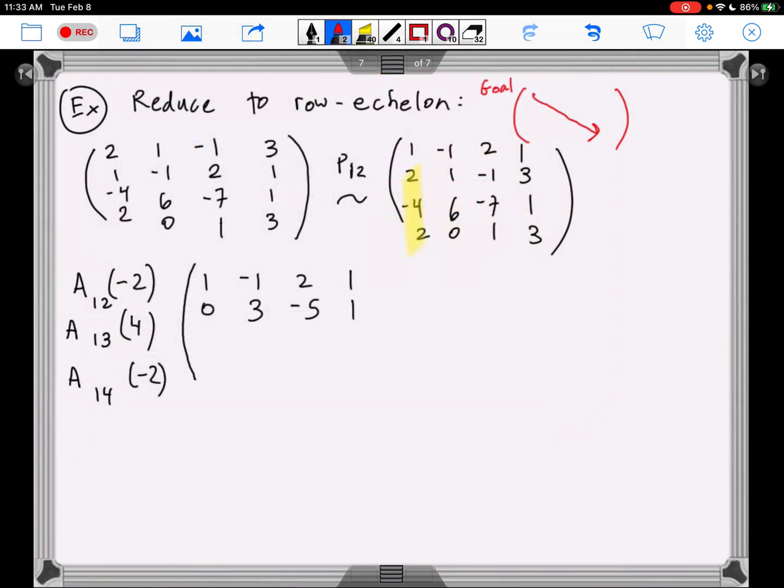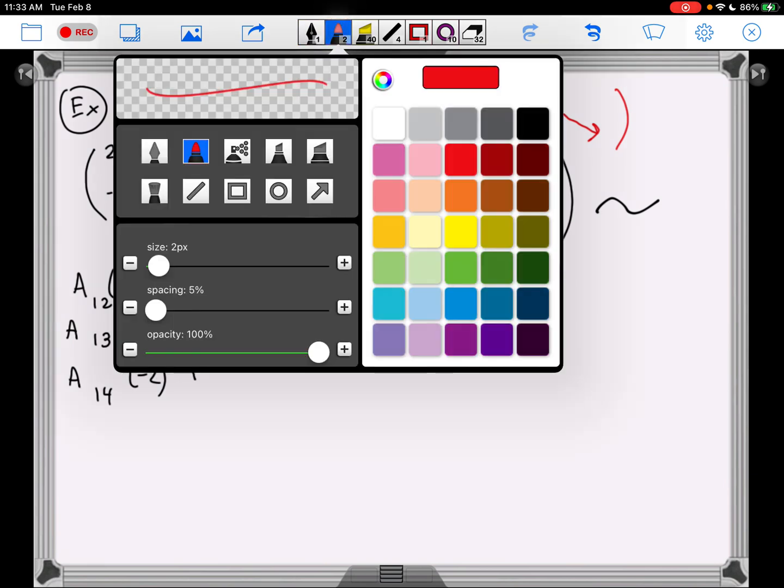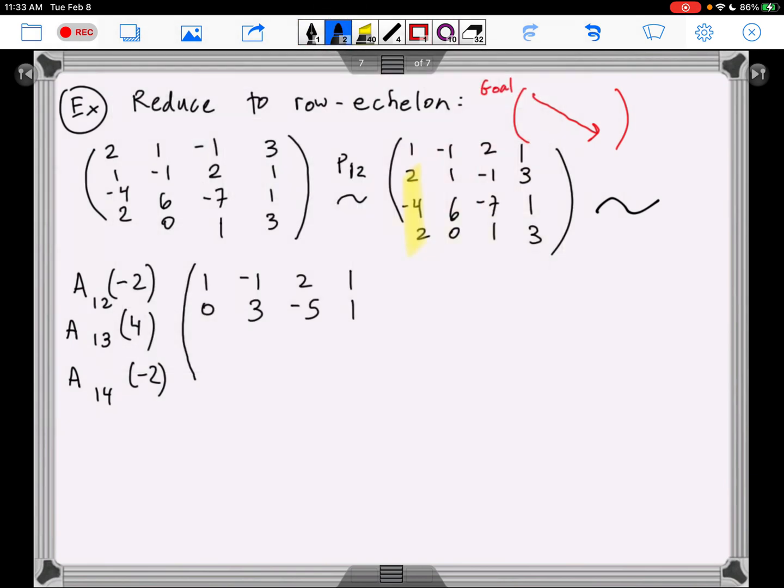I'll put the squiggly here, in other words, I'm trying to say that all of these are connected. And so I end up with 0, 2, 1, 5, and then 0, 2, negative 3, and 1. The point is, we got all of those to be zeros.